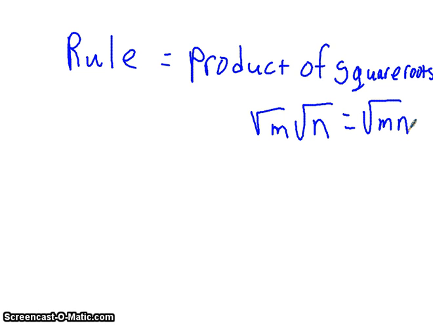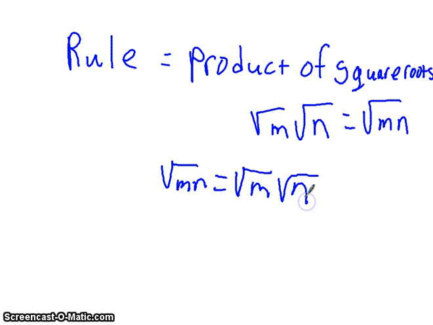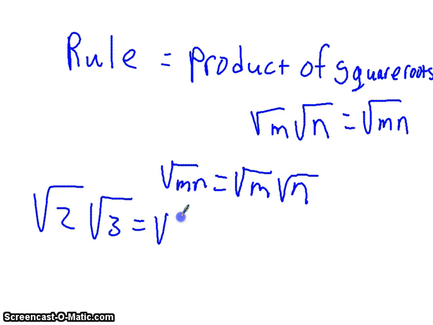And the opposite, square root of mn equals square root of m times the square root of n. I could break it back out. Which means the square root of 2 times the square root of 3 equals the square root of 6. Okay, so we can apply that rule to this kind of stuff.